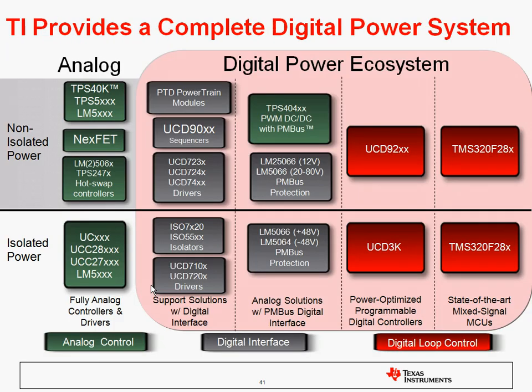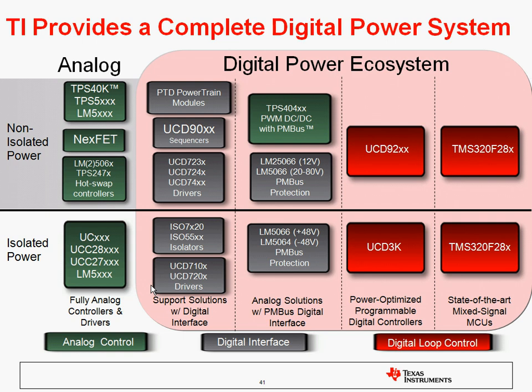So it's important that, as customers start investing in PMBus, they have all the choices at their fingertips in order to move from a traditional analog system to a fully digital power system. And one of the things that TI provides is really filling out all the components in the digital power ecosystem.